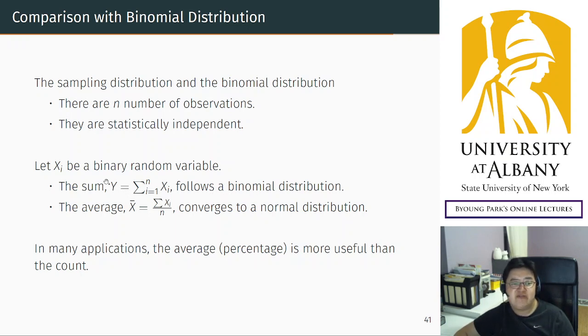We are going to denote it as y. So y is the sum of the outcomes. If you take the average of the n binary outcomes, then it converges to a normal distribution by the central limit theorem. So depending on whether you calculate the sum or the average, you may use two different distributions, either binomial or normal distribution.